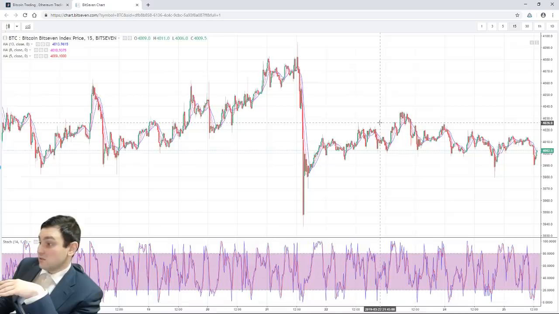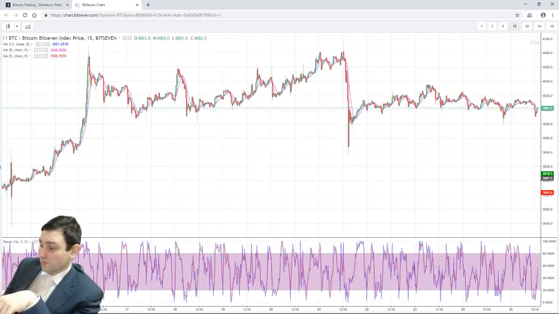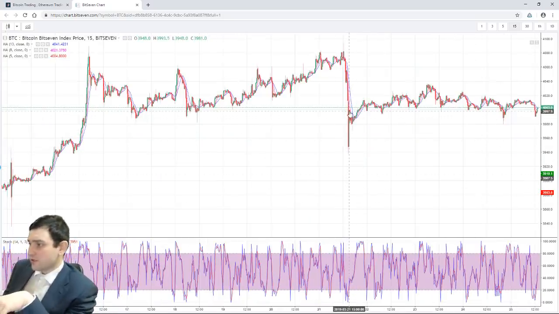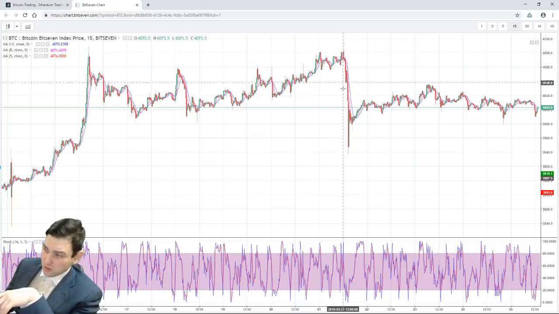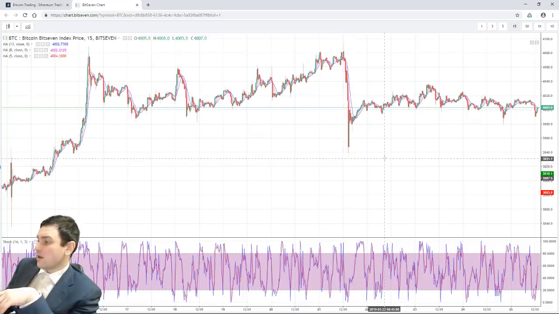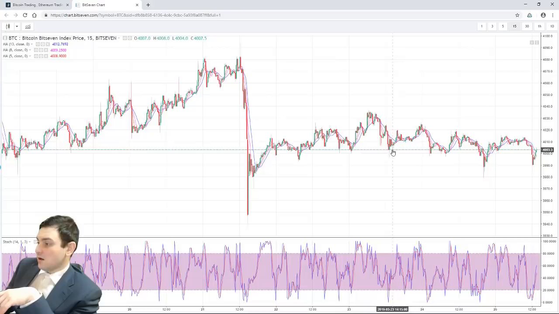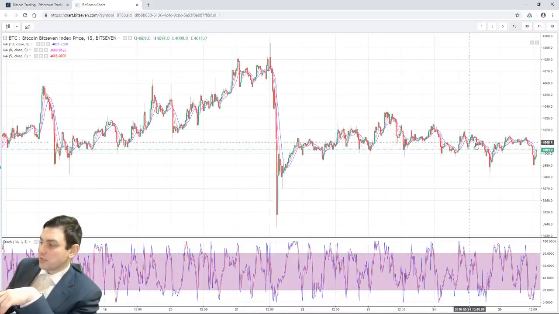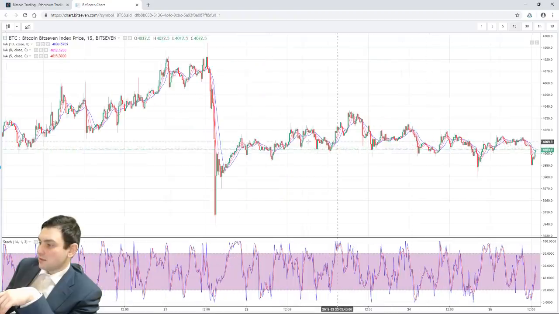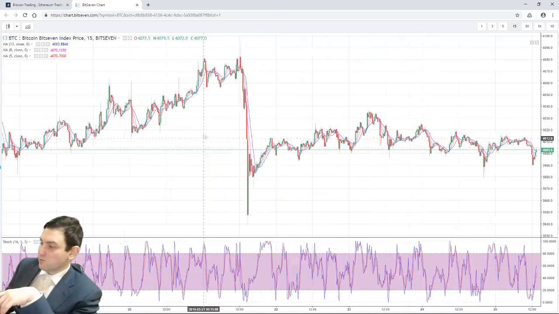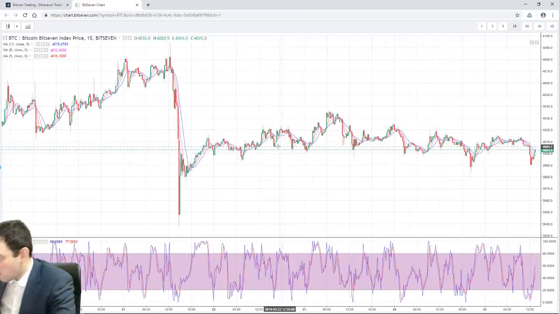And today, from around the 21st, with this huge downward spike, we see not so much volatility, and it's pretty much about one line.